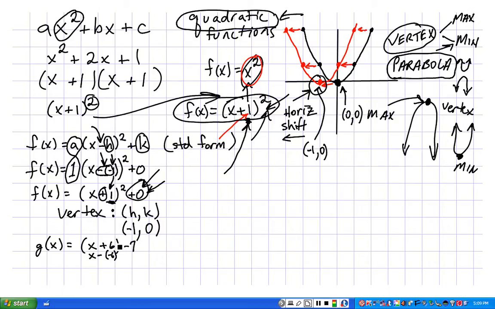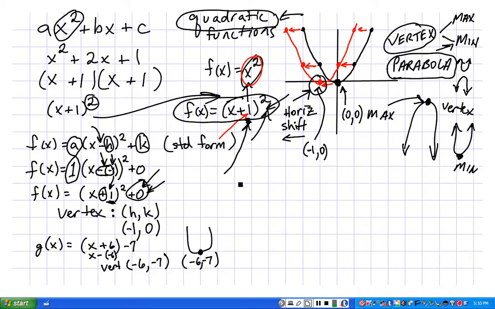Okay, so in this case your vertex is really negative 6, negative 7. So if you were drawing the parabola for this, then your vertex would be at the point (-6, -7). You'd know exactly where to begin your parabola.